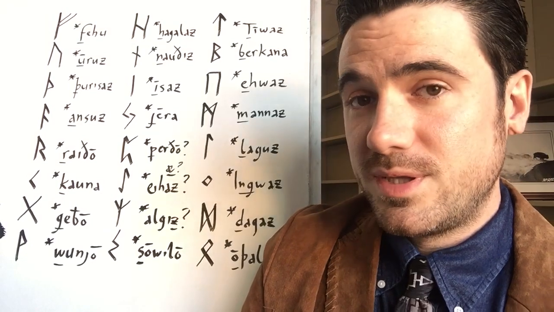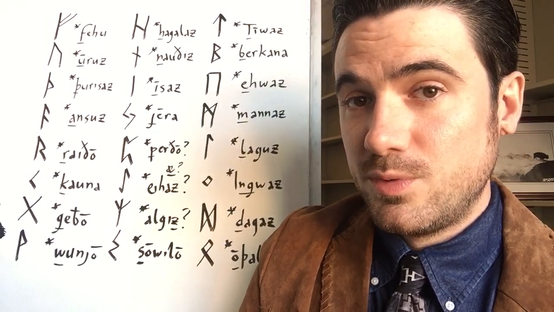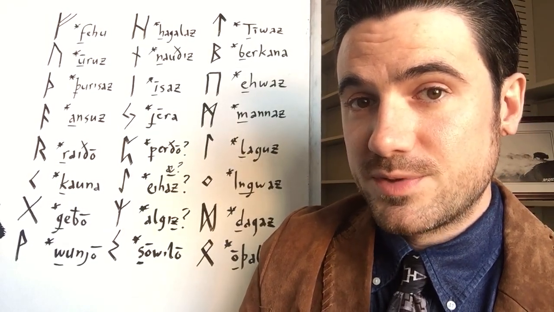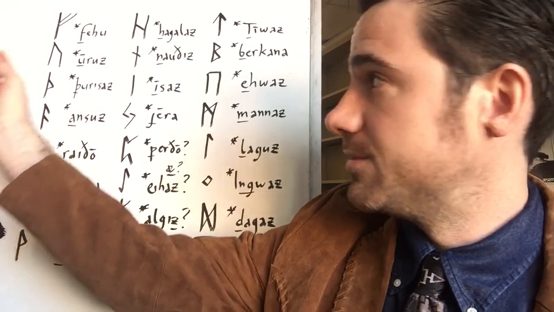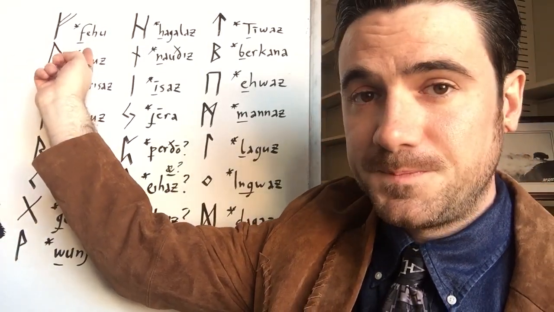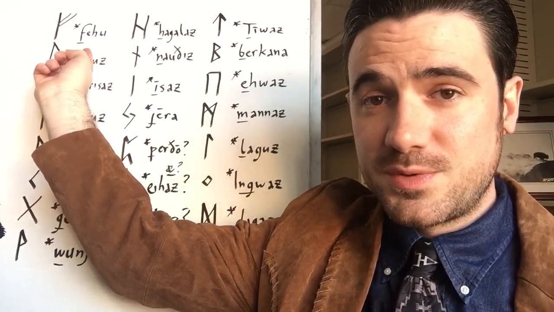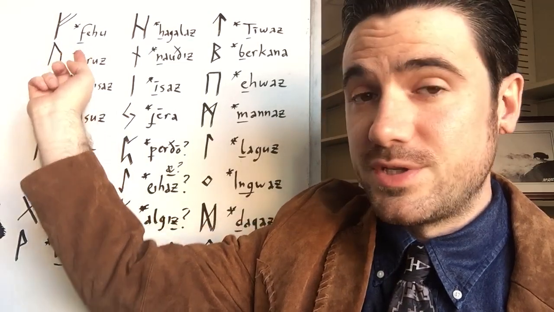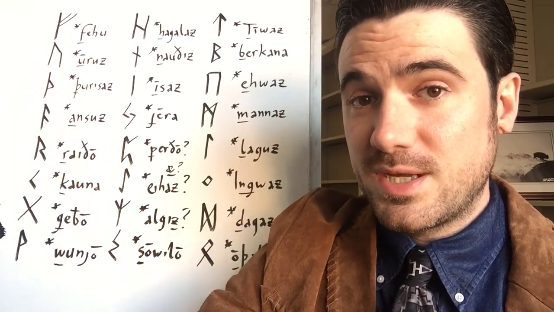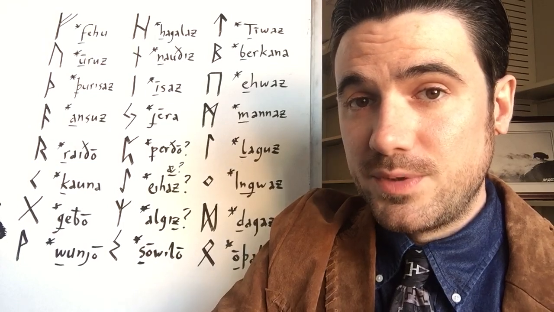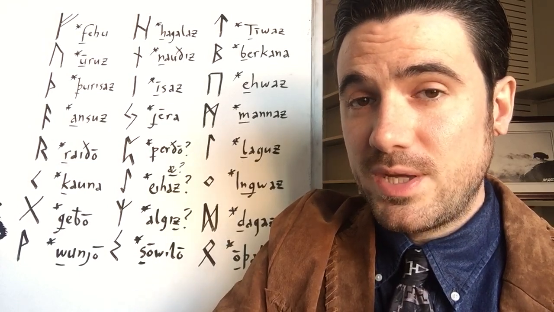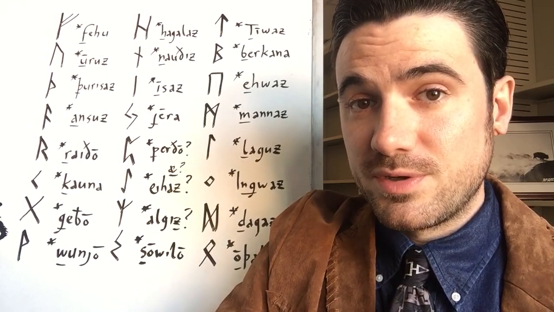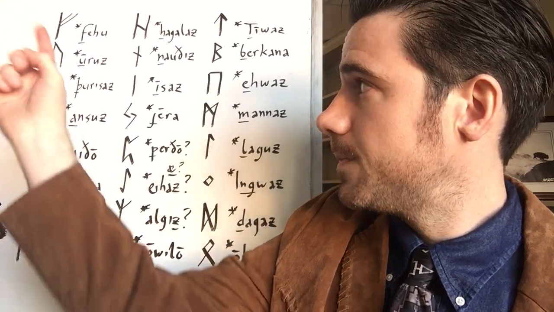So to begin with, the rune that is equivalent in use to the letter F in English, stands for the sound F, is fehu. This is ancestral to the English word fee, as in something you pay for parking, and also to the German word Vieh, which means cattle. Most likely fehu in Proto-Germanic meant both, as does its descendant word fé in Old Norse.